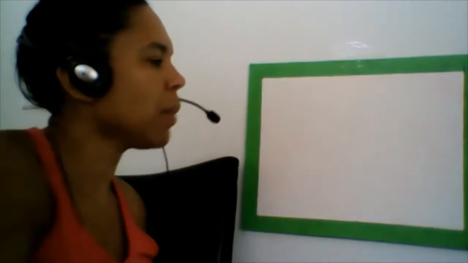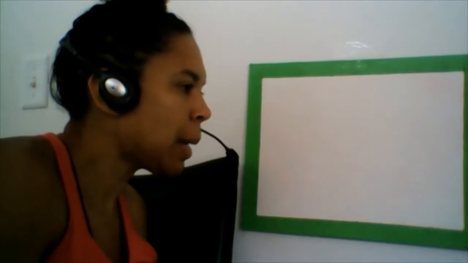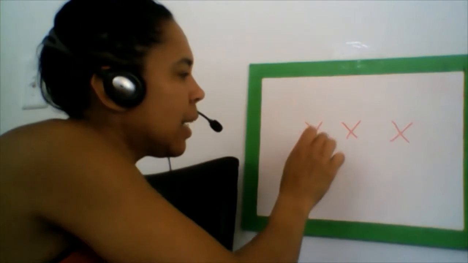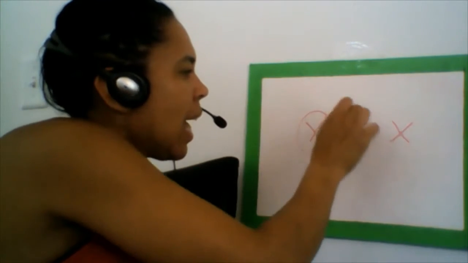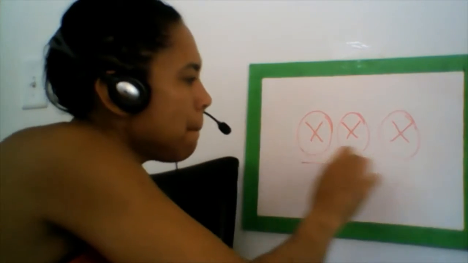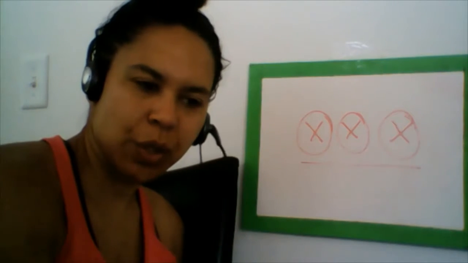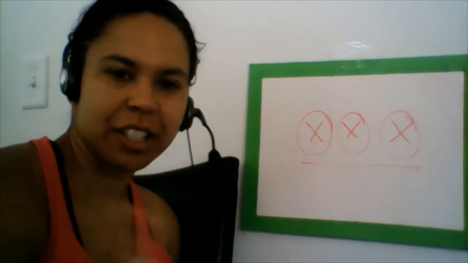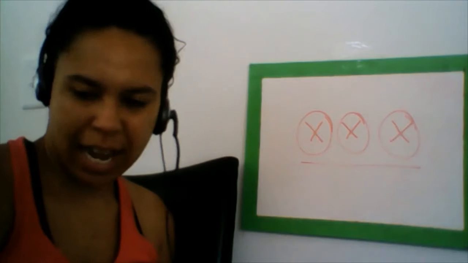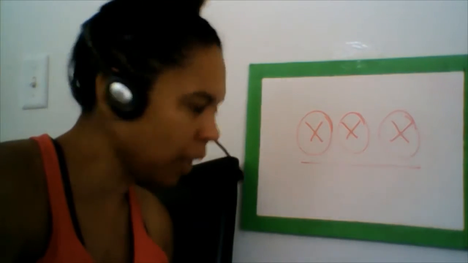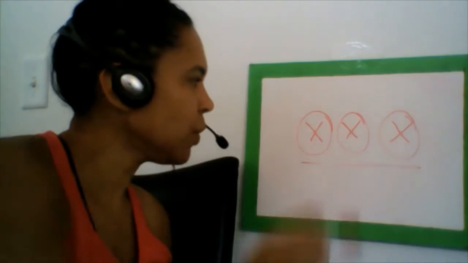How many X's did you and your partner make on your whiteboard for the word pet? How many X's do you guys have? 3? Good. You? It's 3. Nice. Oh, that was awesome. Good work, guys. Let's do another one.